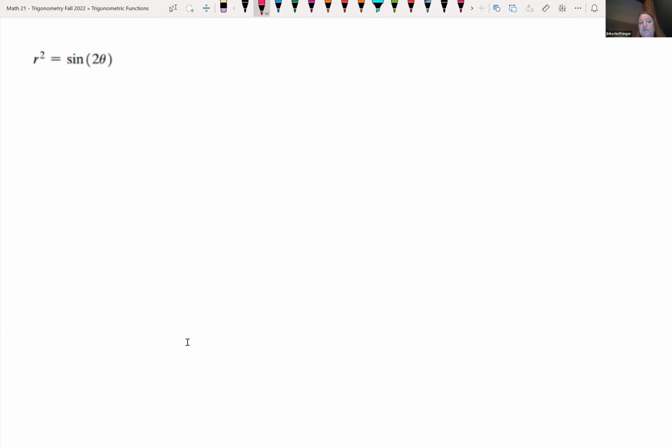That's going to change my equation to r squared equals negative sine 2 theta. So it's not symmetrical with the polar axis. If we plug in pi minus theta, we're testing to see if it's symmetrical across the line theta equals pi halves.